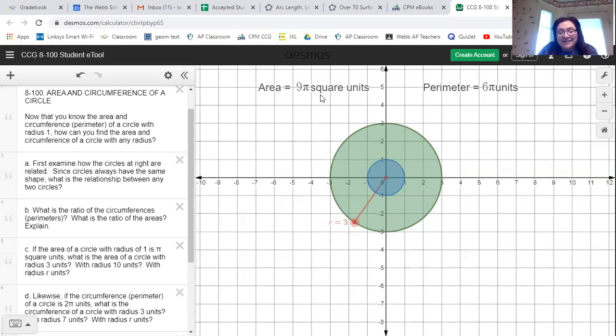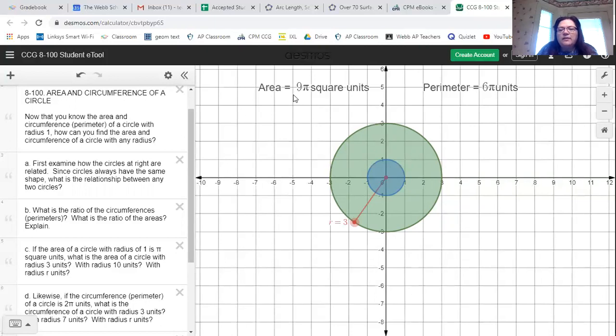Well, it's telling us now that it's 9, but we also know that the area of a circle, the formula, is pi times r squared. And r here is 3, and 3 squared is 9. So the area of a circle that has a radius of 3 is 3 squared times pi, or 9 times pi.